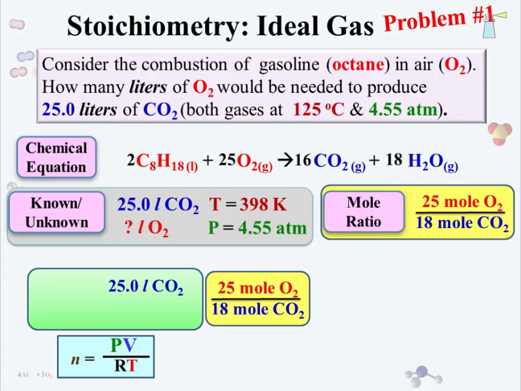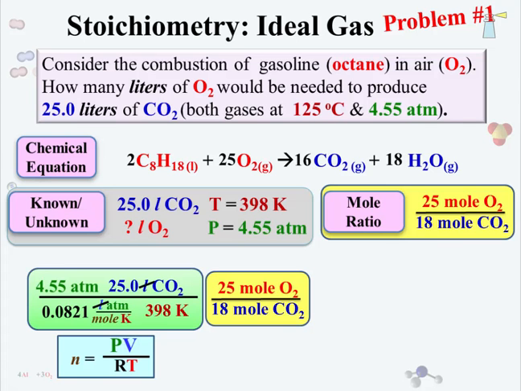Volume is given, as is pressure and temperature. To solve for n, take that given volume amount and multiply it by the given pressure of 4.55 atmospheres. Divide by the appropriate gas constant R and the temperature in Kelvin.